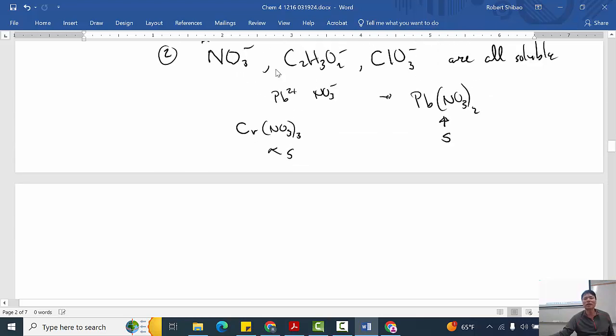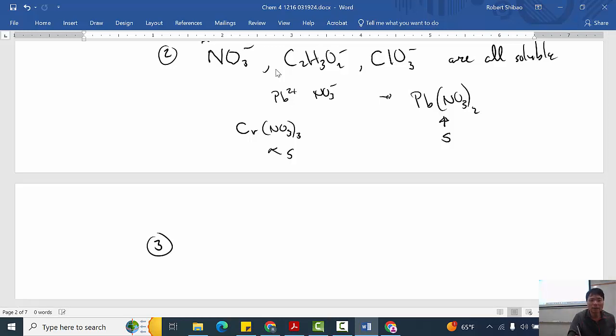What if it's not nitrate, acetate, or chlorate? Then we look at these ions next. Chlorides, bromide. What's the formula for bromide? Br minus. And iodides.